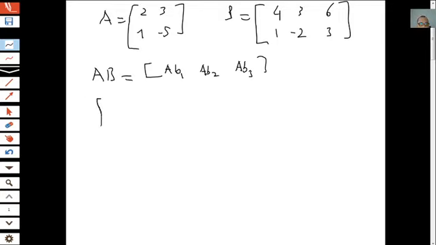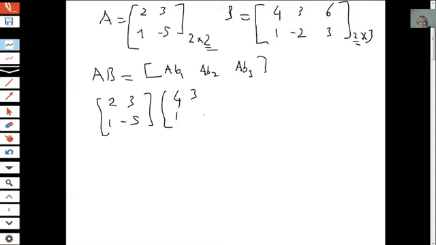Namely, we write directly the matrices clearly: 2 3, 1 minus 5 times the matrix B. We can apply the matrix multiplication, since the first one is a 2 by 2 matrix and the second one is a 2 by 3 matrix. Namely, we have the common number, which means that we can define the matrix multiplication for them.